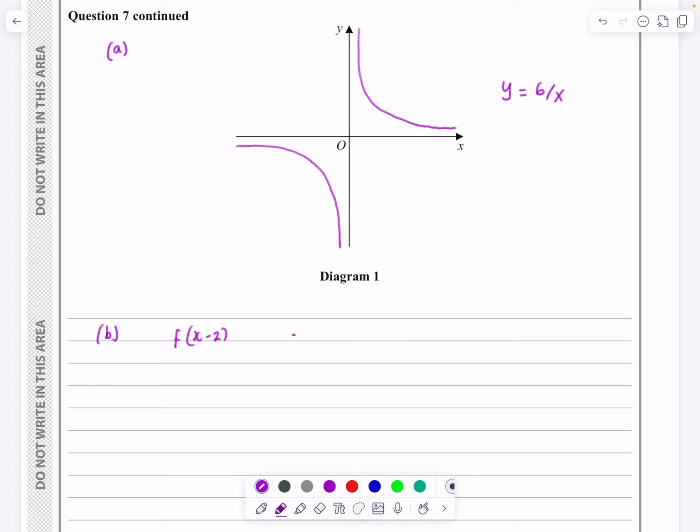That just translates it 2 units to the right, but I'm actually going to say that better. Let's get rid of that just so that I don't confuse the examiner. This is just a translation, and I'm going to use the column vector to show that the whole graph would move 2 units to the right. So part A and part B, very straightforward.